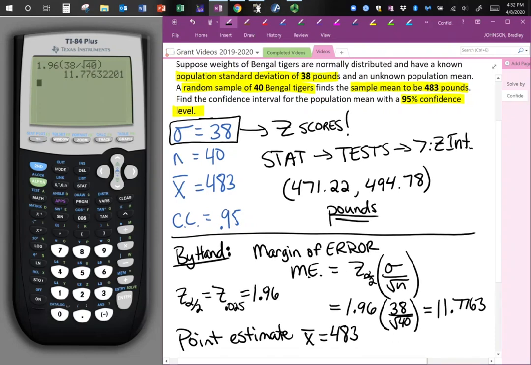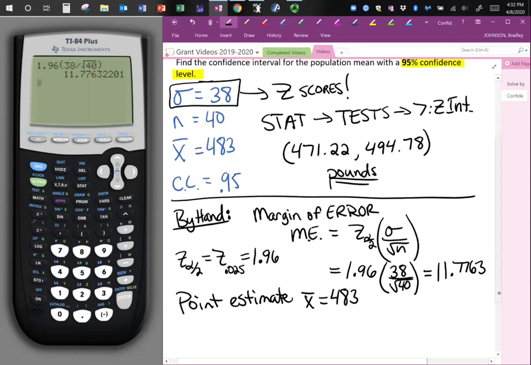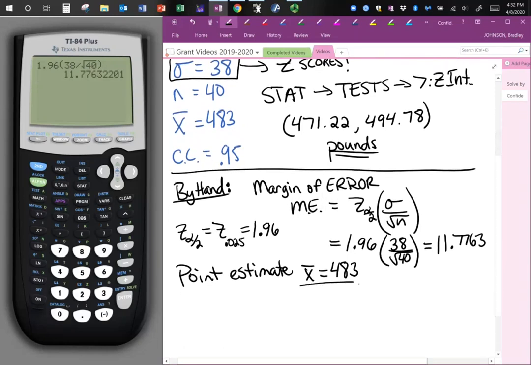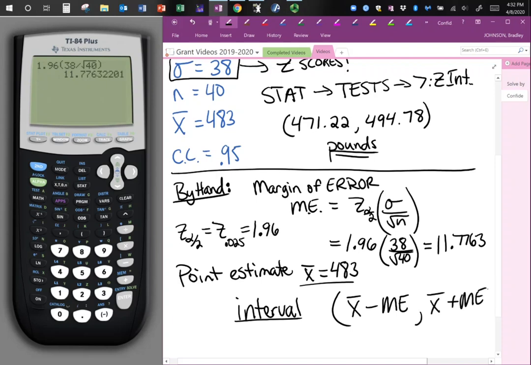X bar is 483. Now we will create our interval, now that we know our point estimate is the sample mean. To create the interval, for the lower bound you take x bar and subtract the margin of error. And for the upper bound, you take x bar and add the margin of error. So we'll take 483 and subtract 11.7763.